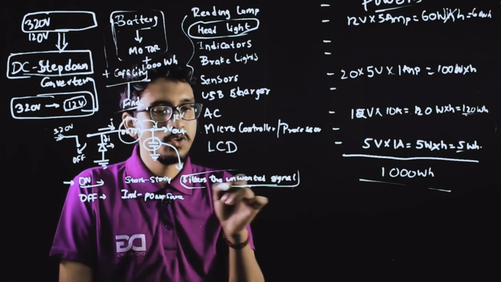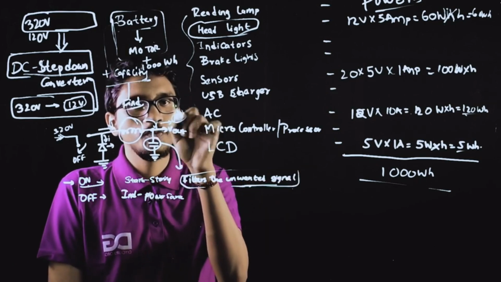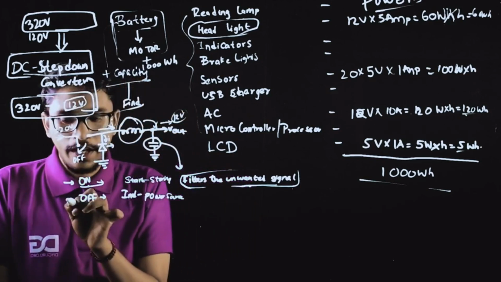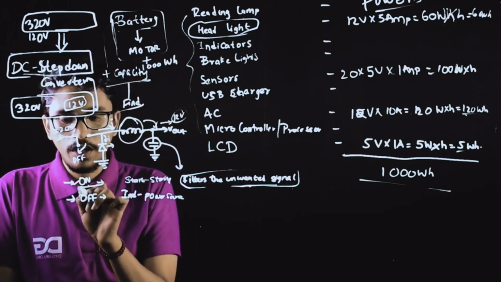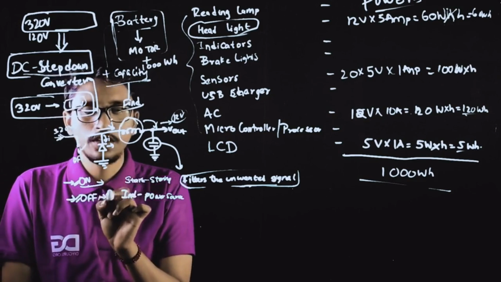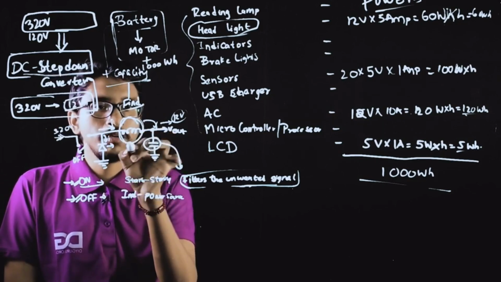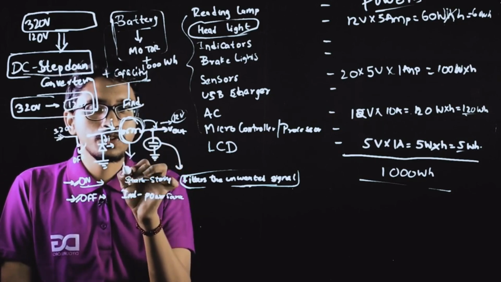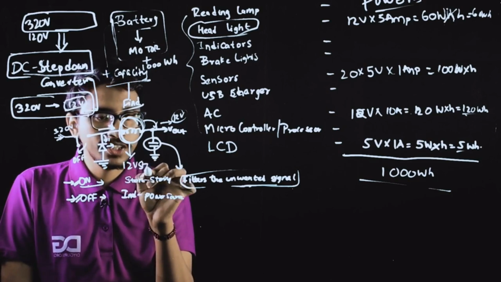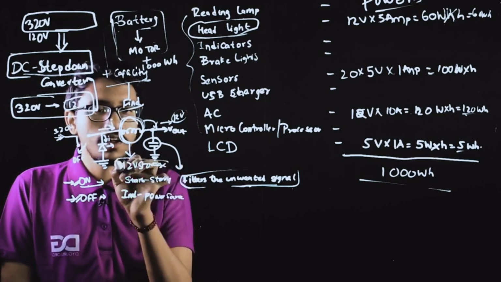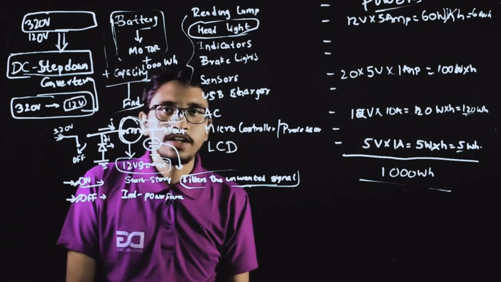The capacitor filters the unwanted signal, and it will give you the output of 12 volts. It constantly goes on and off, on and off, to store only a limited amount of energy in this inductor, which means a 12 volt storage capacity. That 12 volts will be given as the output.